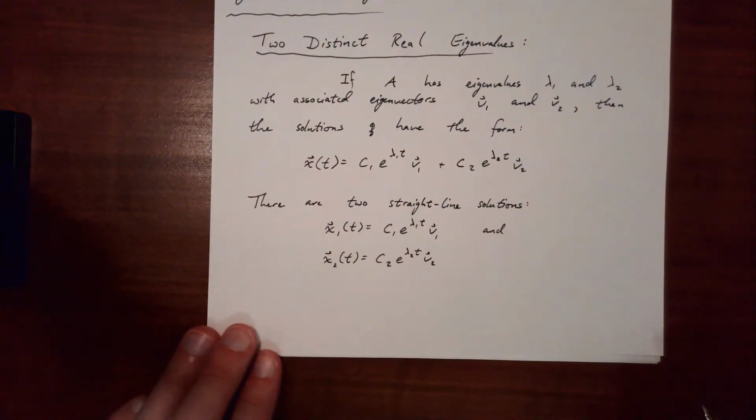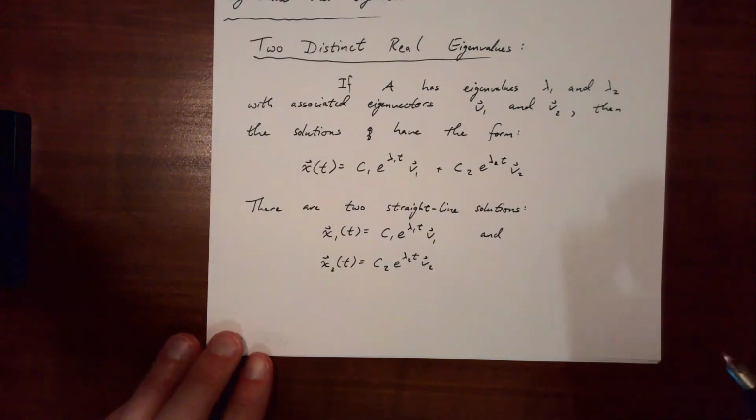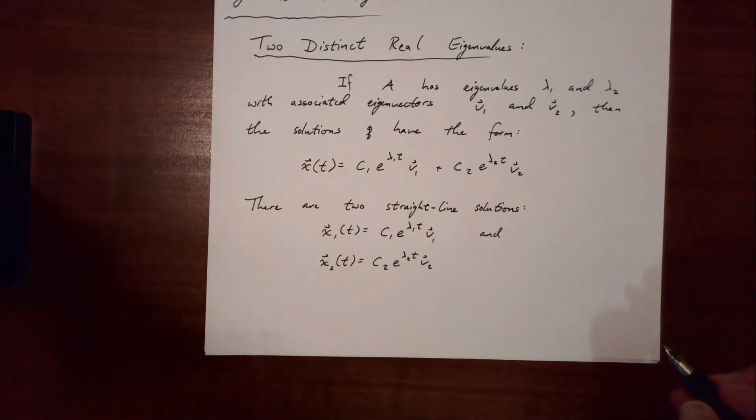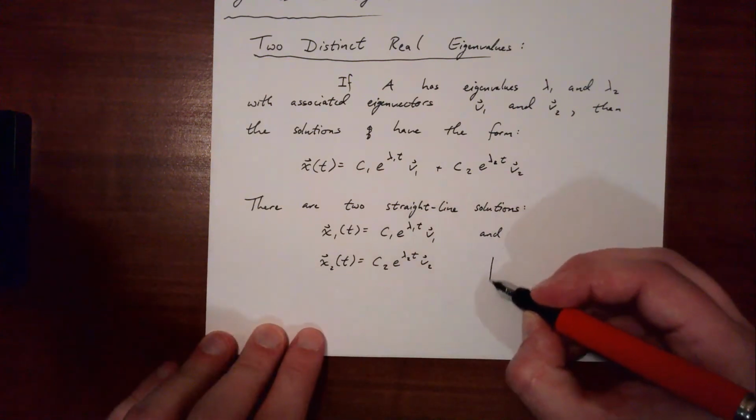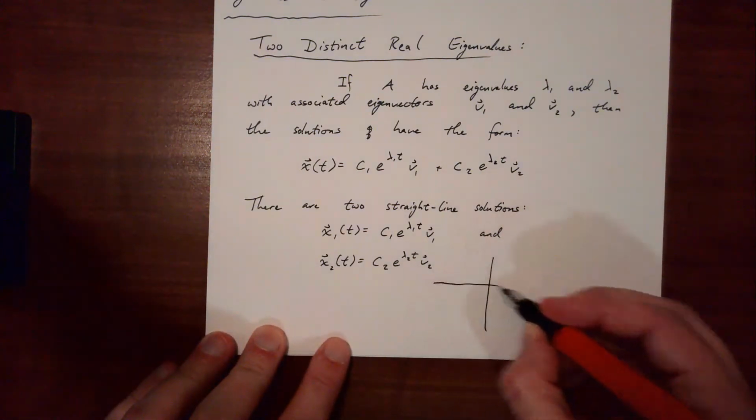So these represent straight line solutions, and they are always lines that are coming into or going out of the origin.